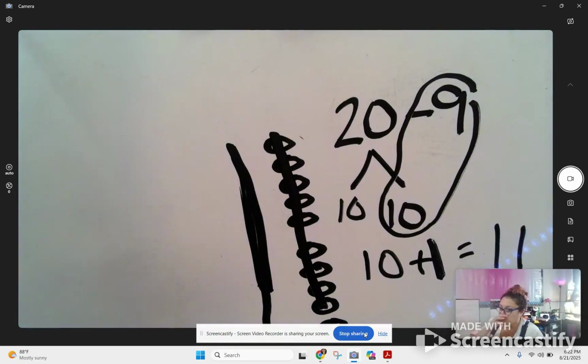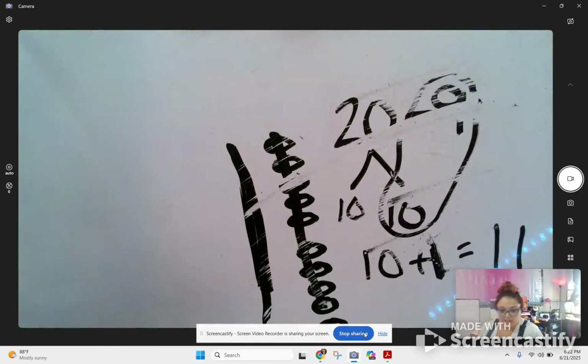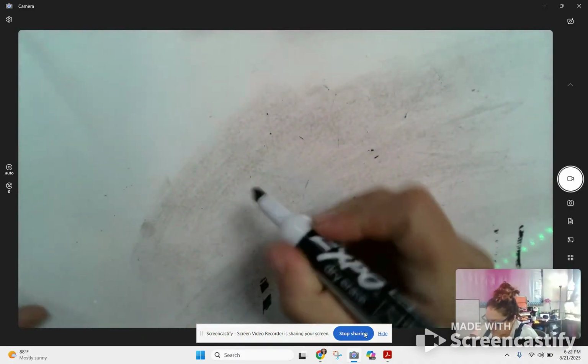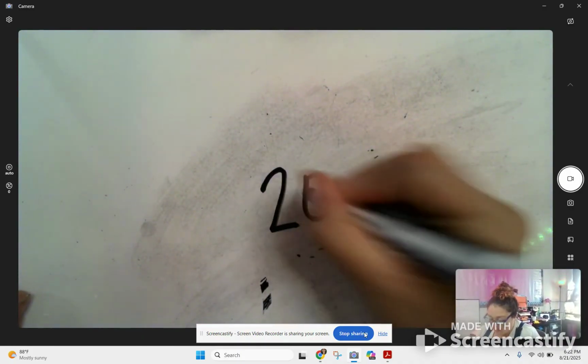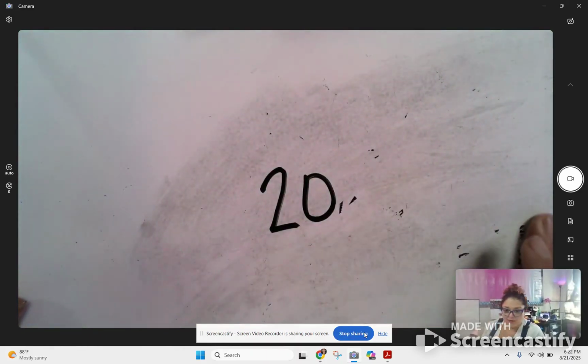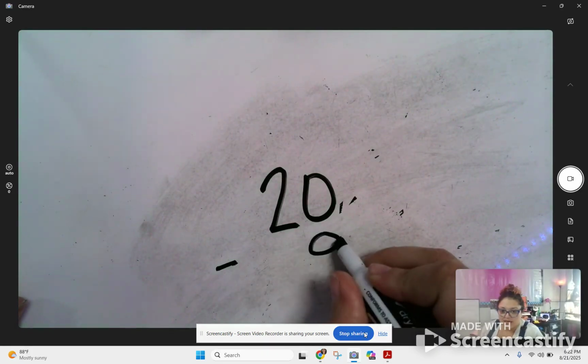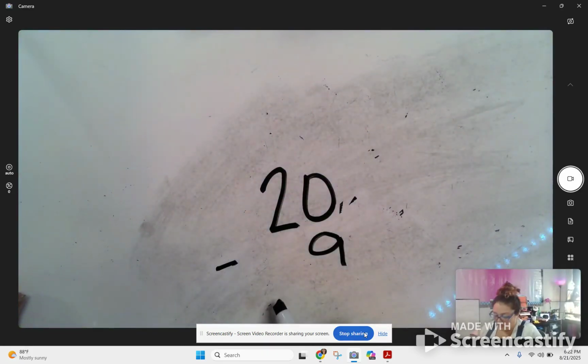I'm older, so whenever I was in school, we were taught the standard algorithm, where you line it up over the top. Now, some things that we've noticed with a lot of the kids is they have a hard time lining it up with the 10s and the 1s.